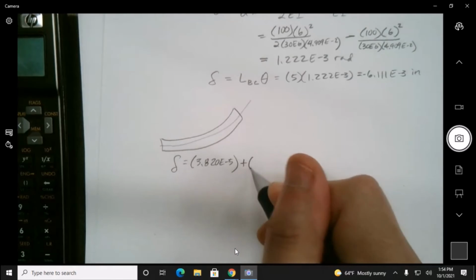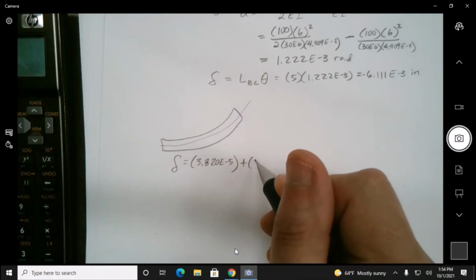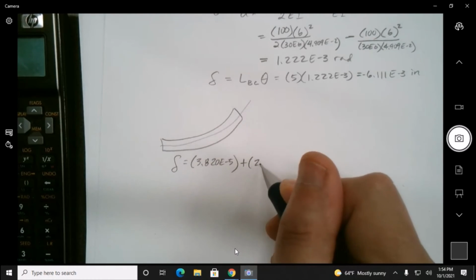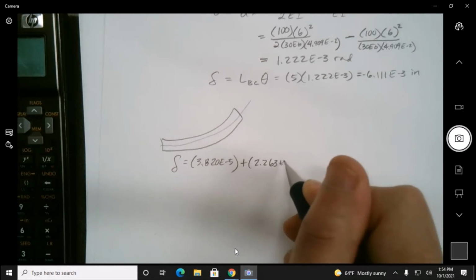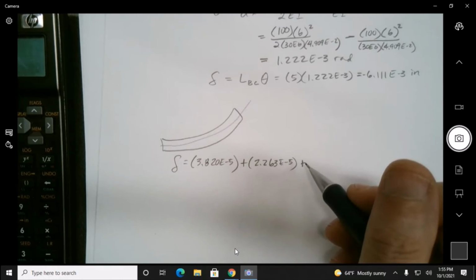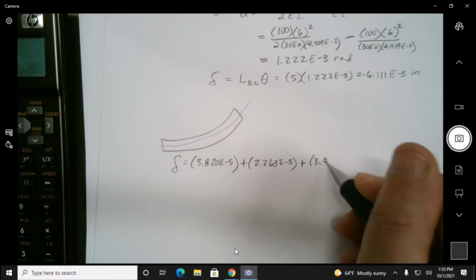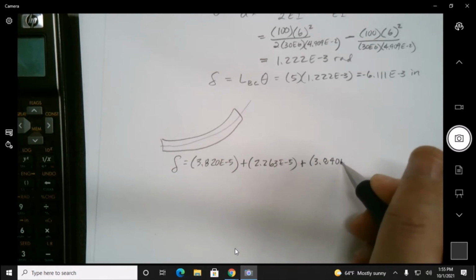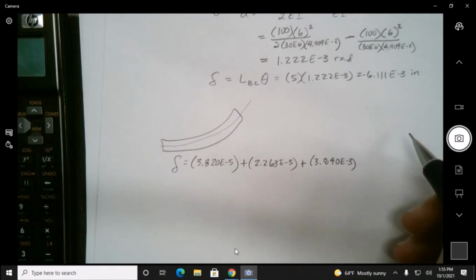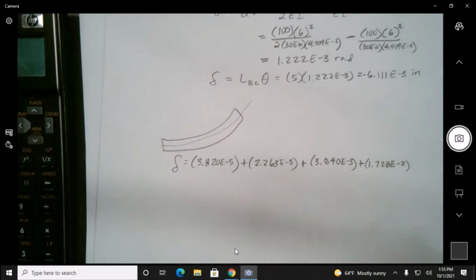Remember, that was just because of compression of the bigger of the two, and then we had one that was 2.263 E minus 5. And then we were bending the rectangular thing, so that was actually a fairly larger E minus 3. And then we had the moment on the rectangular piece, 1.728 E minus 2.